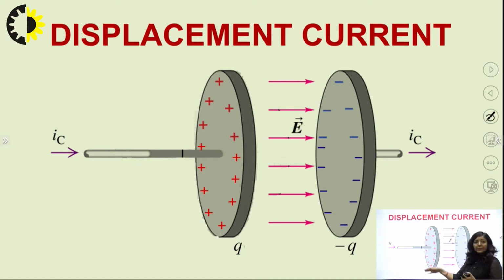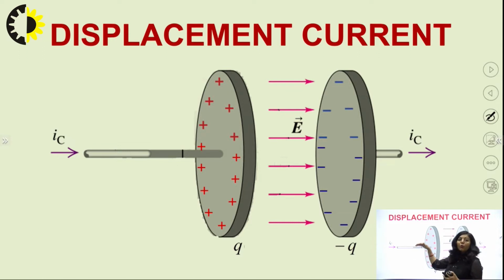The first type of current, which is our ordinary conduction current, will be there in these connecting wires. In those connecting wires, when you apply a potential difference, a voltage, then because of that potential difference, electrons will start drifting, moving in a certain direction.